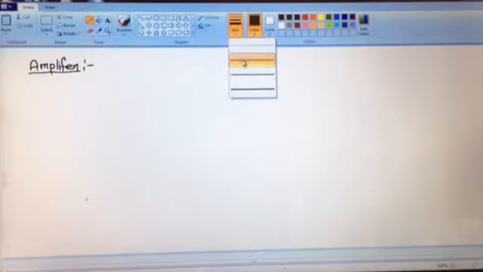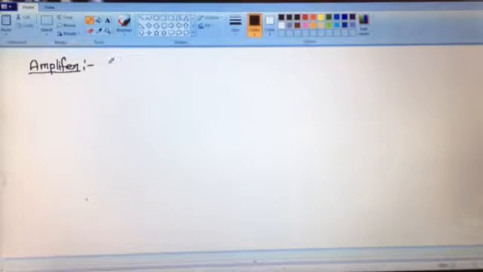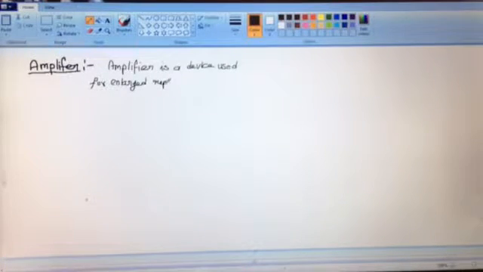In that case, an amplifier is a device used for enlarged reproduction of a received signal.